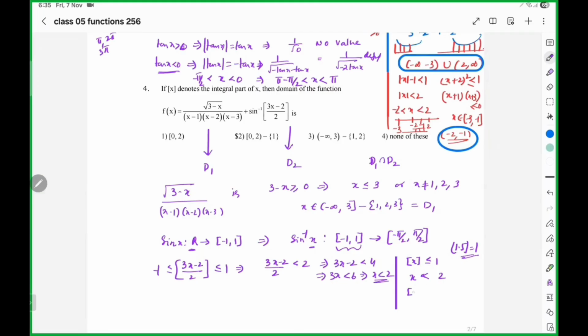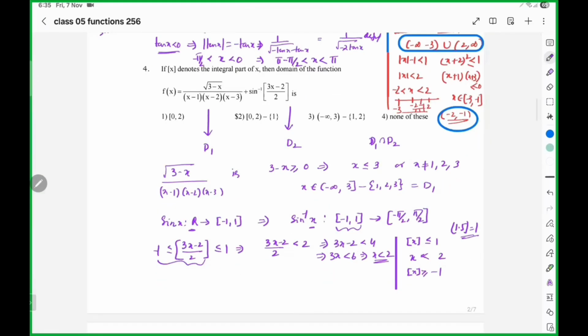And now let us come to this point. The integral part of x is greater than minus 1. So does it imply x greater than minus 1, or can I take anything else? I can't take the right side. If I take minus 1.5, it becomes minus 2, and minus 2 cannot be greater than minus 1.